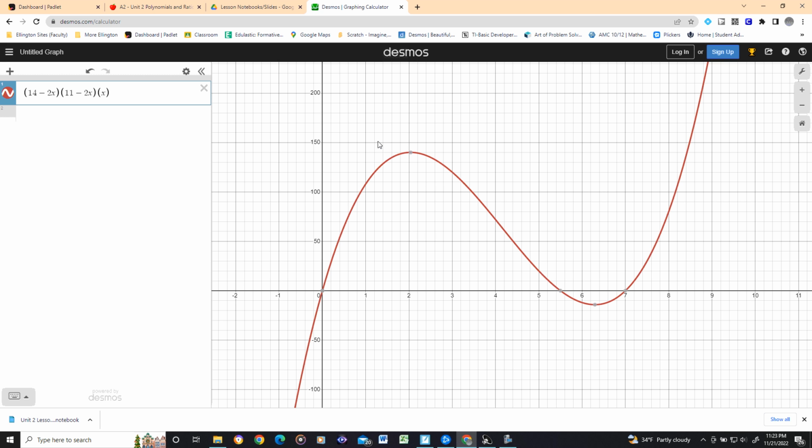But the only one that's going to matter here is this, because my true box domain can only go from 0 to 5.5. In that area, there is a maximum. Is that the maximum of the whole function? No, because its maximum's way over here. But this doesn't matter to us because this doesn't make actual boxes.